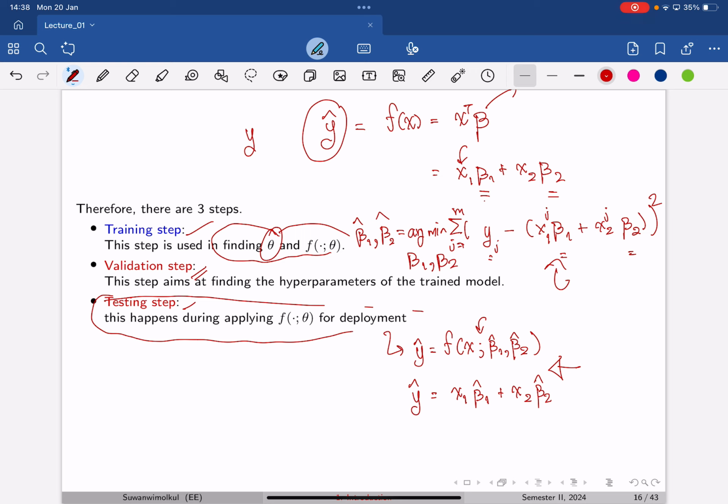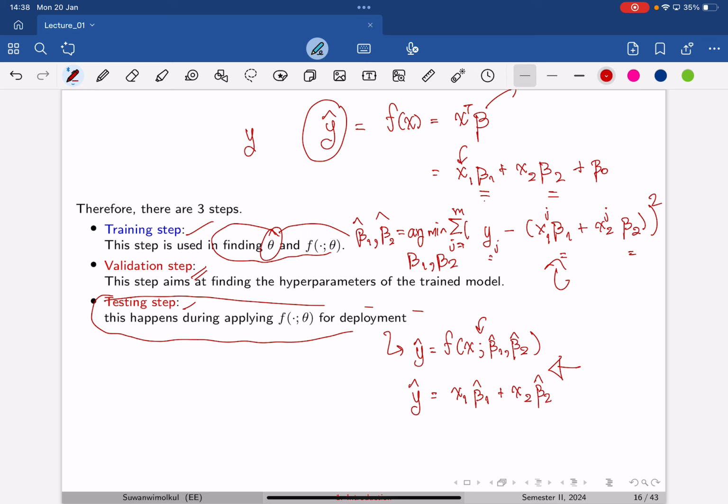Why then do you need the validation step? If you look at this, you have beta 1 and beta 2. It's only 2 parameters. What if you add beta 4, beta 5, or even beta 0, that is like a DC component, let's say. What if you add just beta 0 here, and your quality is better?